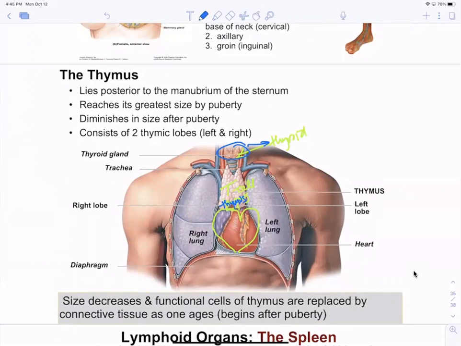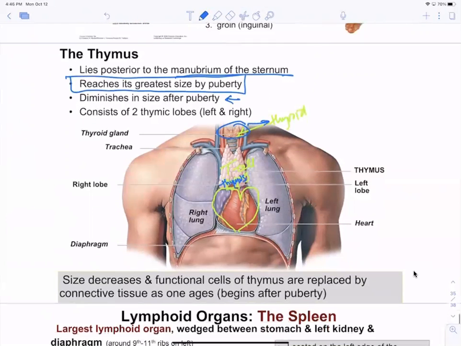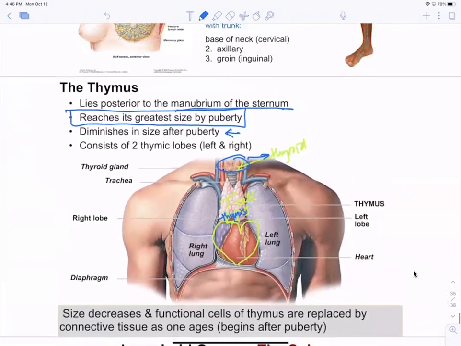Your thymus is right behind your manubrium of the sternum, and it's right above the heart, and it reaches its greatest size and function by puberty. And then after puberty, it actually diminishes, gets less in size, and gets replaced by connective tissue.